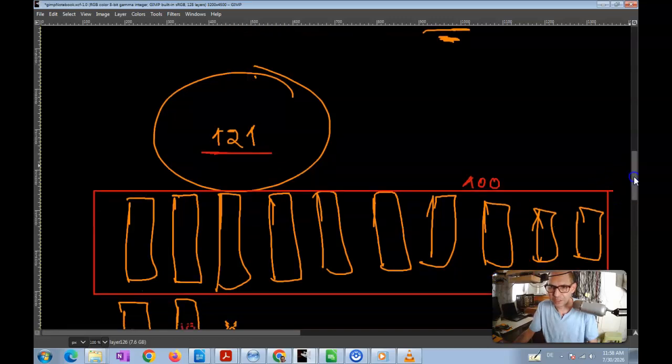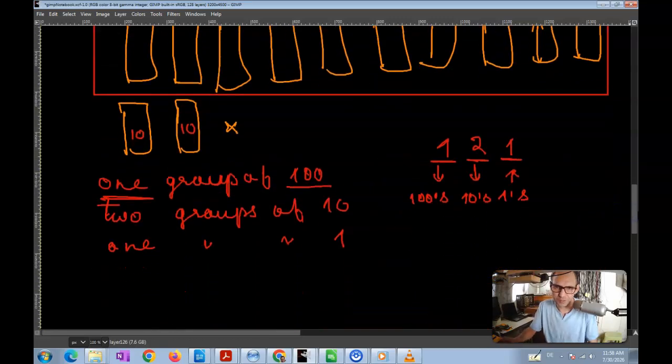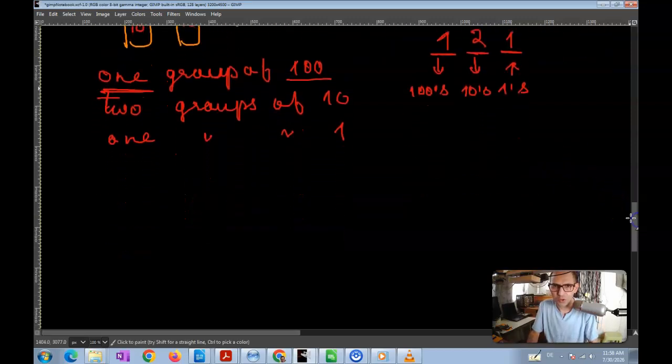Now, with this system, you can just keep going. We have the ones place value, the tens place value, or let me write it the other way around.